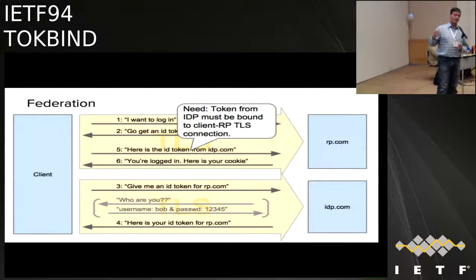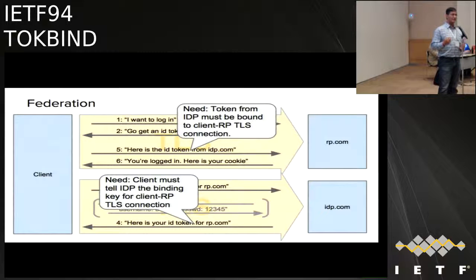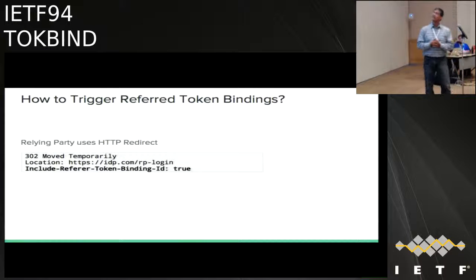In order to do that, when the identity provider issues the token, it should bind it to the relying party's token binding key, not the identity provider's token binding key. We do this by allowing the relying party to signal the client to disclose its token binding ID to the identity provider when it goes through this redirect.